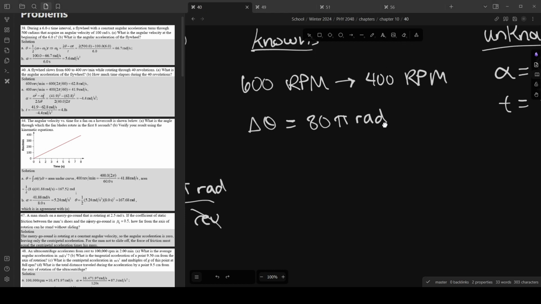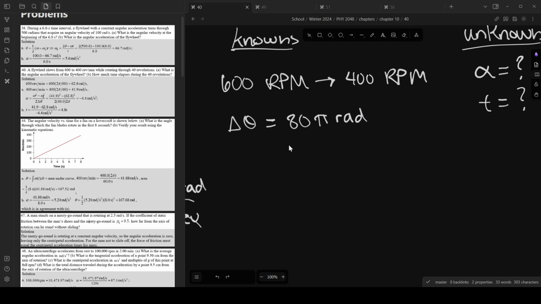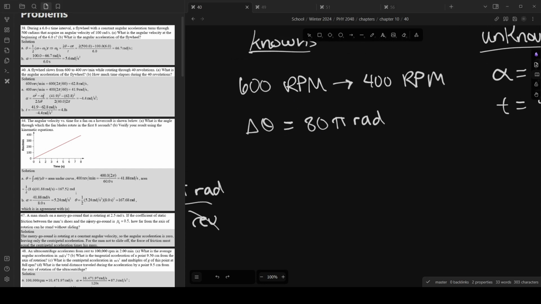It's this. And we also have our omega initial and omega final, but we have to convert that. We don't have our acceleration. Okay, so we have to use this formula right here. Doesn't seem like there's any other formula that doesn't use time. So this is the one we're going to use.